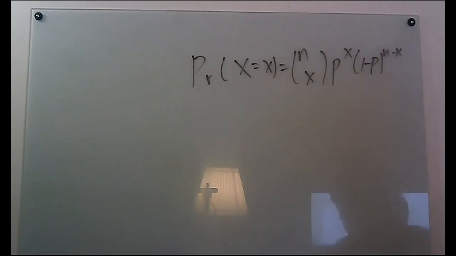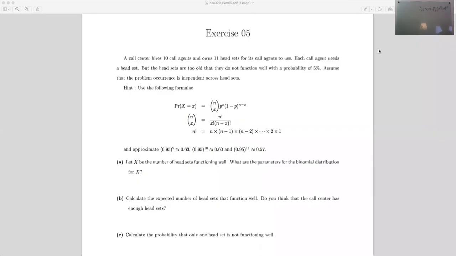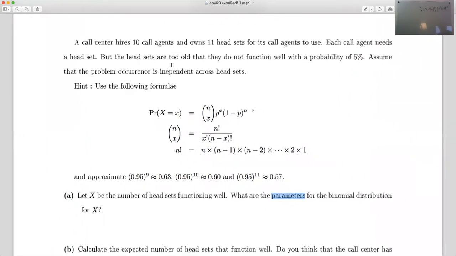So let's look at the first question. I'm going to share my screen. Give me a second. Okay. So the first question is, let X be the number of headsets functioning well. What are the parameters? Read the question carefully first.